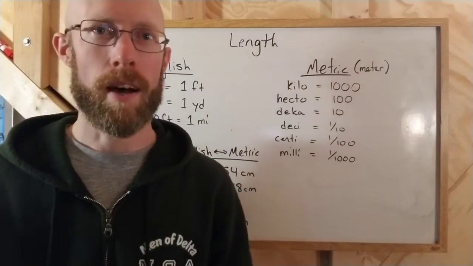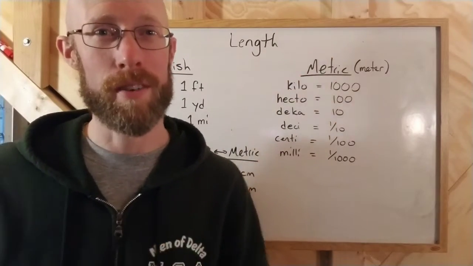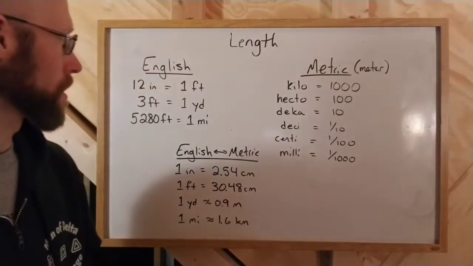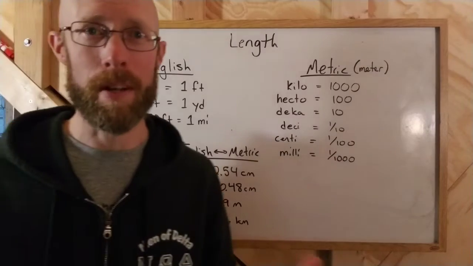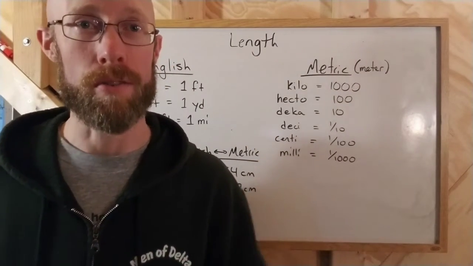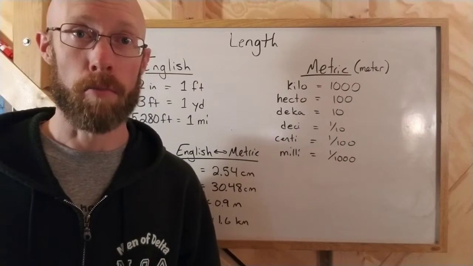Not always. I'm 6'1", and my feet are a little bit short of 1 foot. They're probably more like 11 inches. But generally speaking, that gives you a pretty good estimate, right? It's pretty close. But of course, you can use a ruler or a tape measure to get more precision on those.